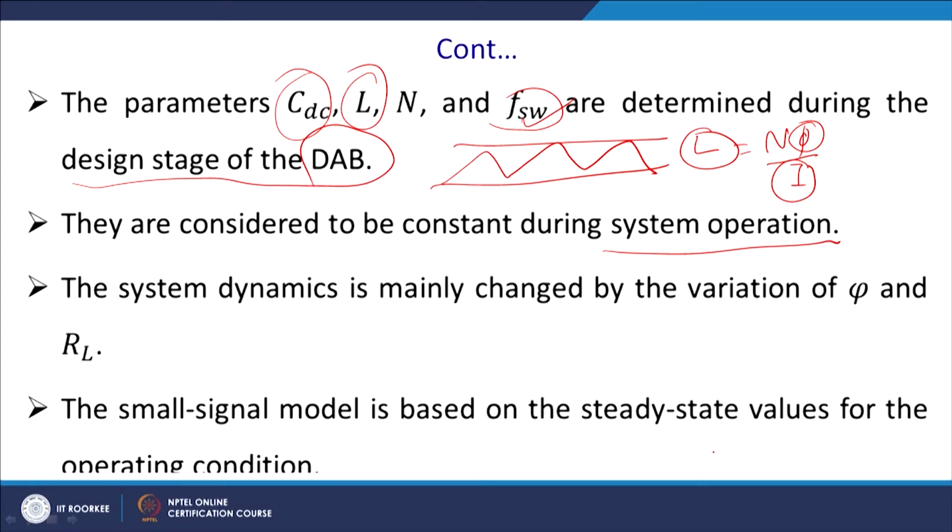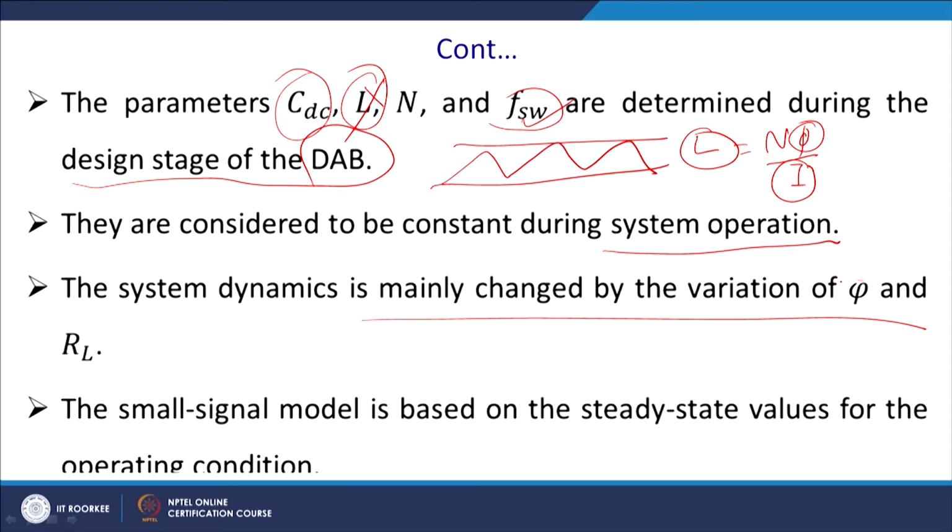So, the value of this inductor will change according to the current, but that effect has been neglected, and while considering that operation we take the nominal value of the inductor. In actual operations we have to take care of all those things, but they are considered to be constant during the operations. The system dynamics is mainly changed by the variation of psi and R_L.